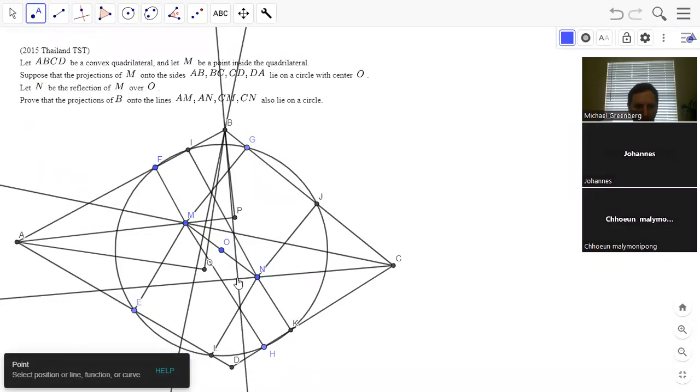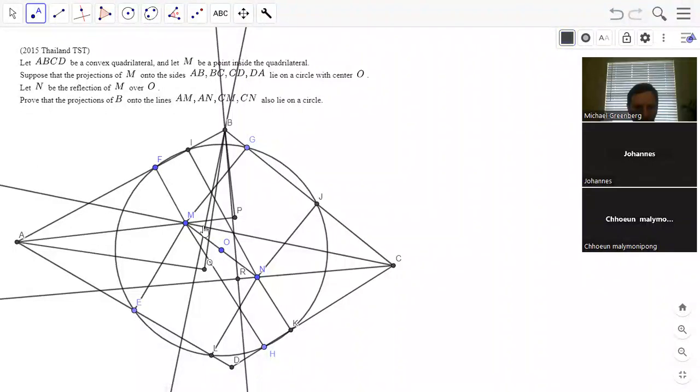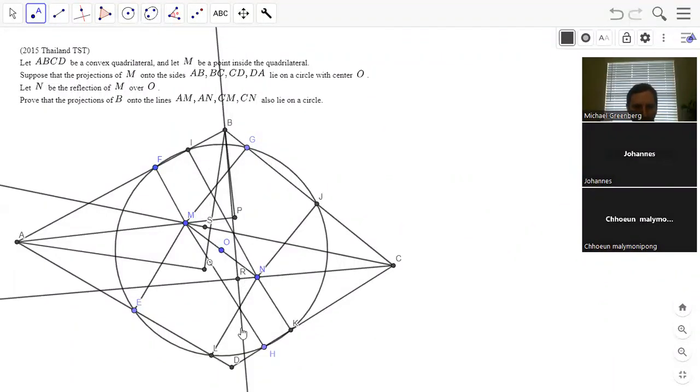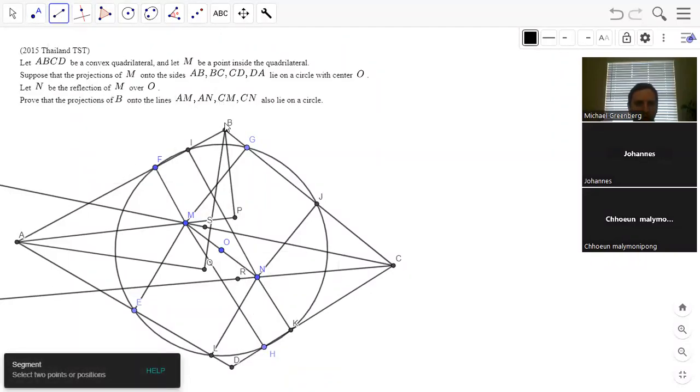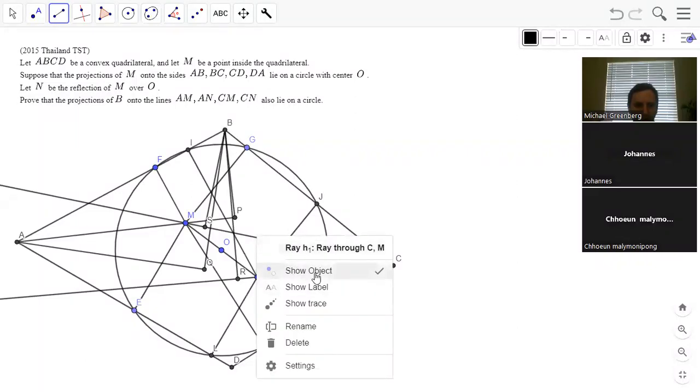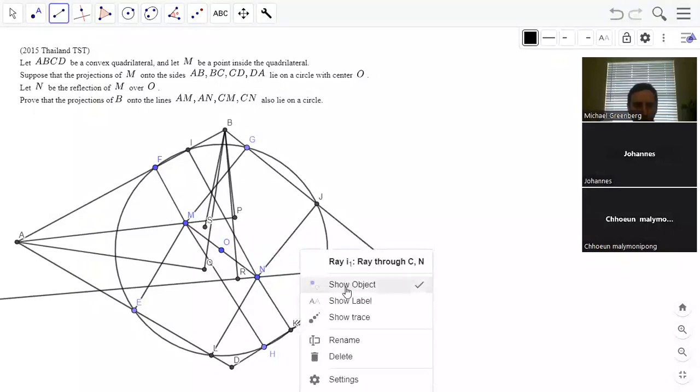Okay. That works. BS and BR. And CM and CN.